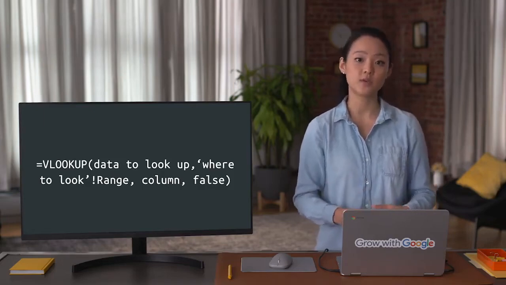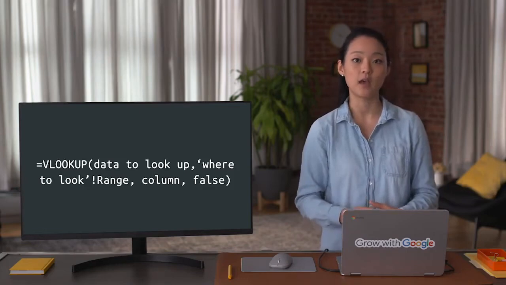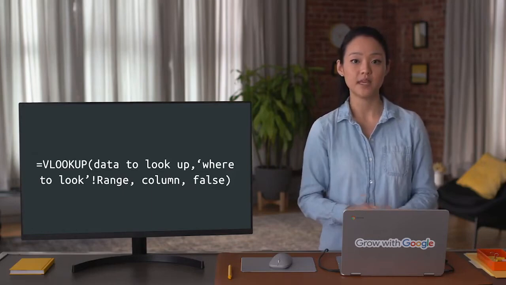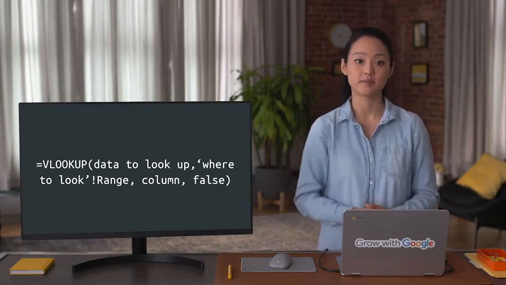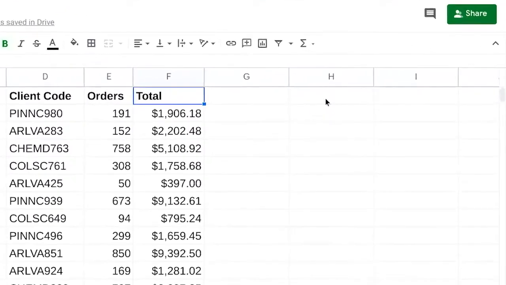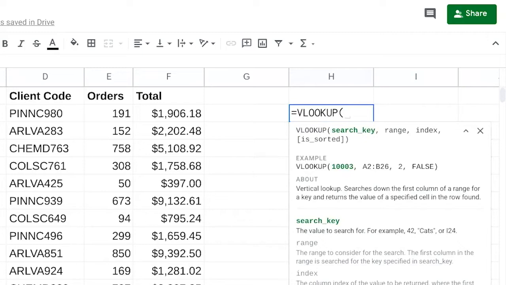Soon, you'll learn the difference between exact and approximate matches, but for now, just know that VLOOKUP takes the value in one cell and searches for a match in another place. Let's begin. We'll type equals VLOOKUP, then add the data we want to look for, which is the product code. The dollar signs make sure that the corresponding part of the reference remains unchanged or locked.